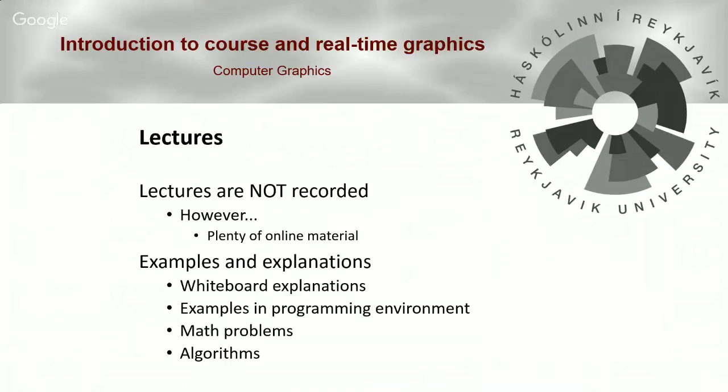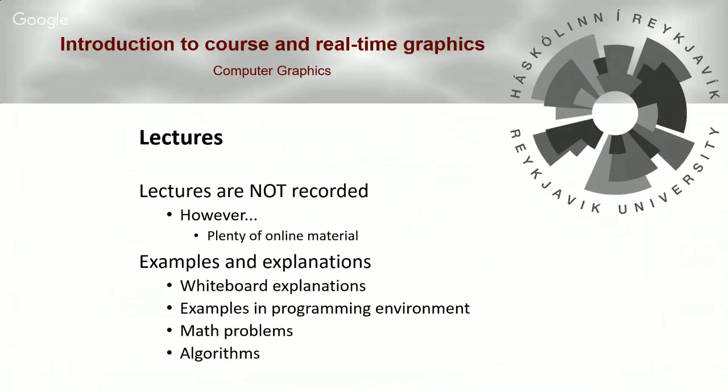What we cover in the lectures is how the computer graphics work, what calculations are behind them, what happens on the hardware when computer graphics programs are running. So we learn the math and we learn the algorithms behind what's happening.